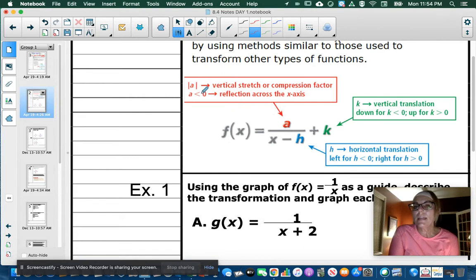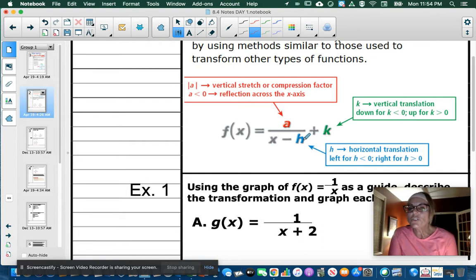If a is less than 0, then that means there's a reflection across the x-axis. Whenever we're determining vertical stretch or compression, we're looking at the absolute value of a. A greater than 1 is a stretch, a less than 1 is a compression.